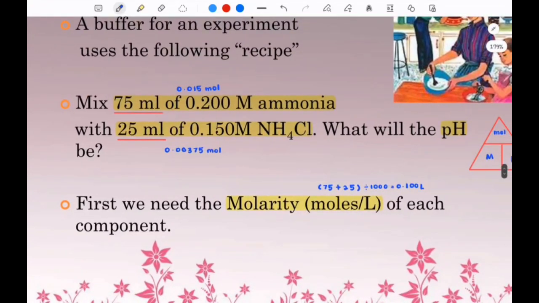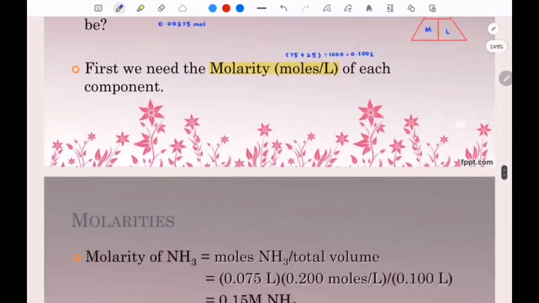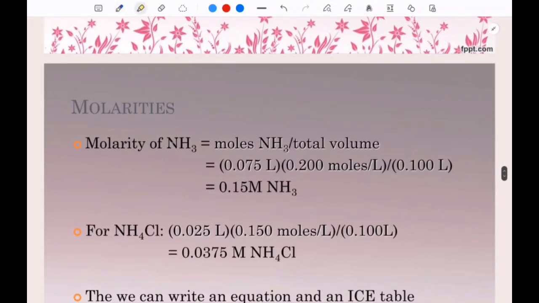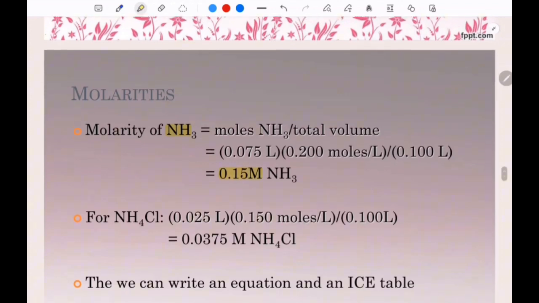We already have the mole, and we already have the total volume. So, we need to find the molarity for each component. For ammonia, we need to divide 0.015 by 0.100 liter. When calculated, this will give us a value of 0.15 molar of ammonia.